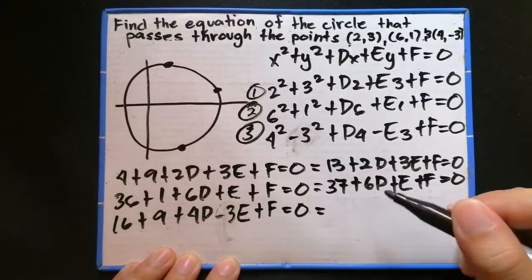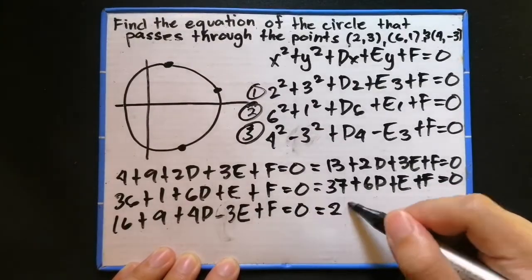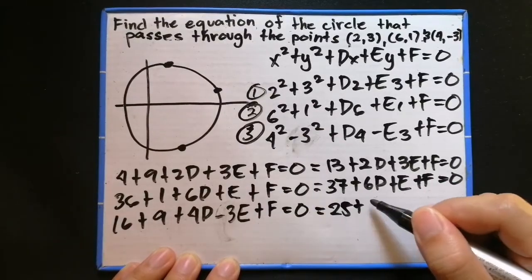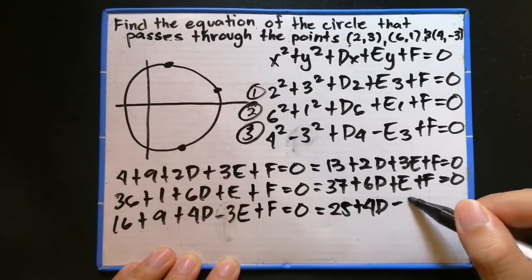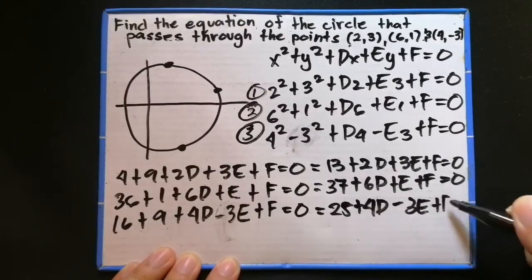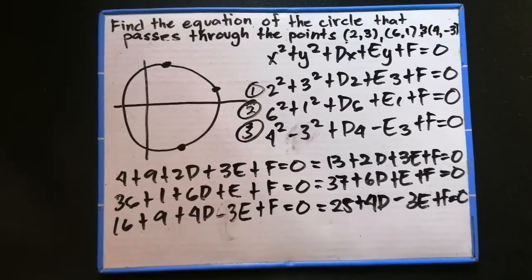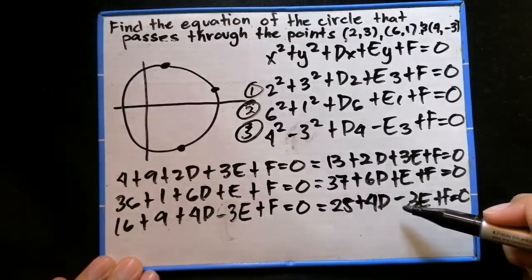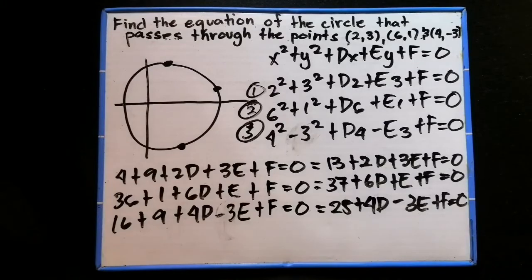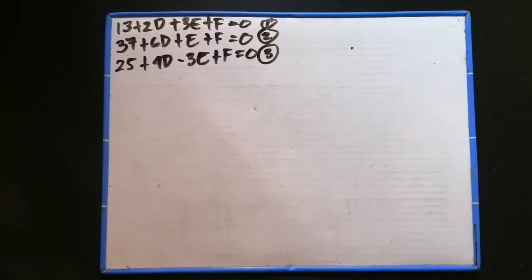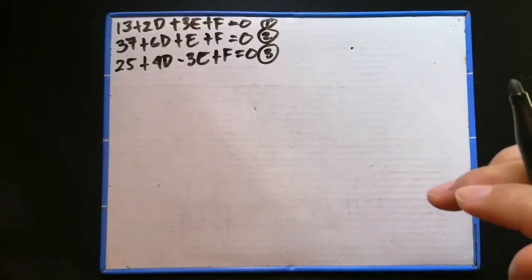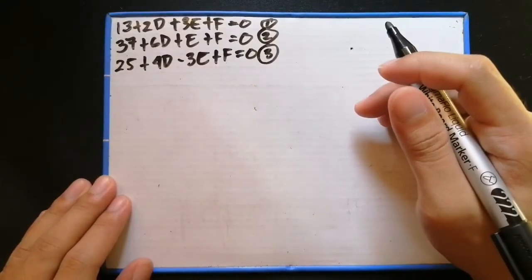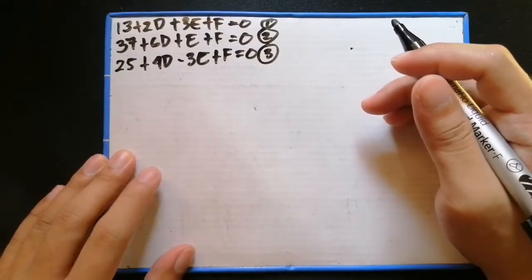And equation 3 becomes 25 plus 4D minus 3E plus F is equal to 0. Right? So now that we have simplified the equations, these are the new equations 1, 2, and 3 that we will use for elimination. We will now proceed to elimination.